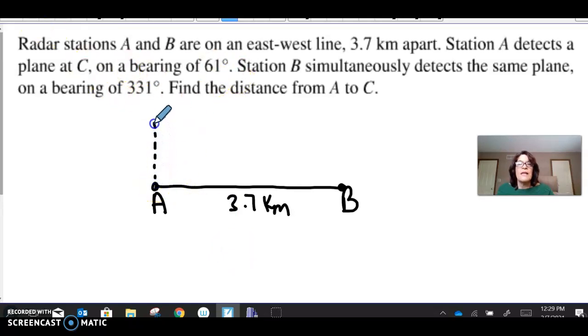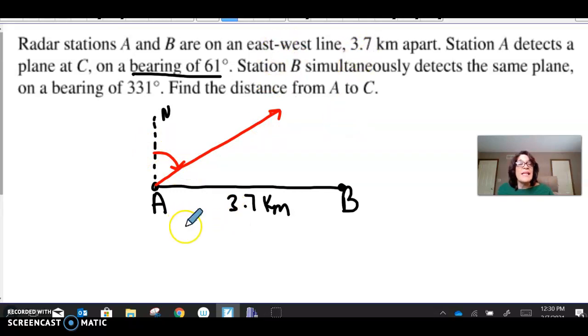So I have to realize that that 61 degrees was from due north because they used the word bearing. So I'm going to open 61 degrees and show that I saw a plane. That's where the plane was flying. I'm not sure where C was, but the plane is on a bearing of 61 degrees.